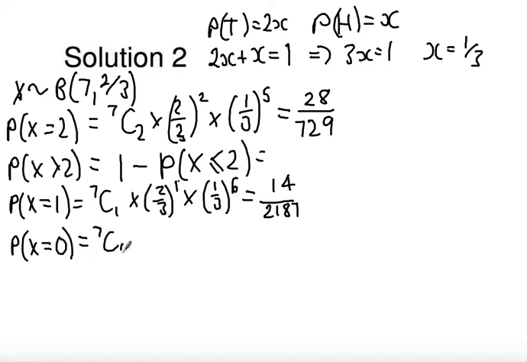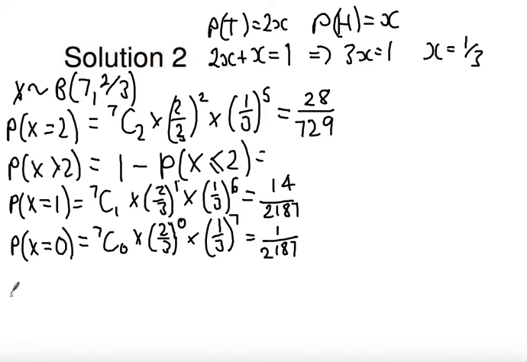This is going to be 7 choose 0, times 2/3 to the power of 0, times 1/3 to the power of 7. Let me make sure it's clear that this is a 0, not a 6, just my bad handwriting. When I calculate this, it's 1 over 2187.